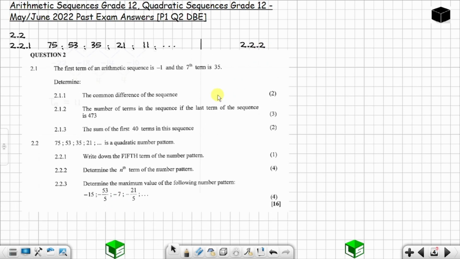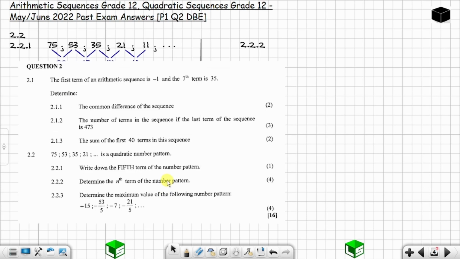So you are going to determine the general term in this form: Tn is equal to an squared plus bn plus c. The number pattern is a quadratic number pattern, so it is going to be in this form.